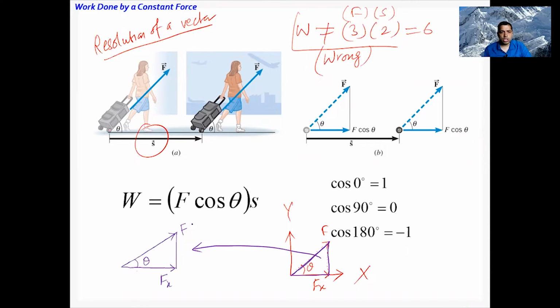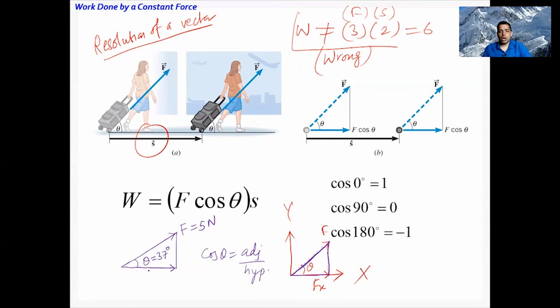So if the force is, let's say, 5 Newton, and your theta is, let's say, 37 degrees, then what is your Fx? To find Fx, we use the trig function. Cosine is adjacent over hypotenuse.